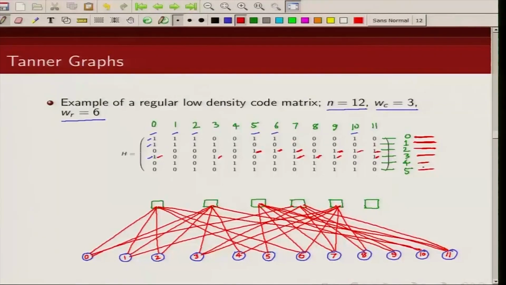And finally, for this parity check constraint, bit number 2, bit number 4, bit number 5, bit number 8, bit number 9, bit number 10. So, this is the Tanner graph representation of this low density parity check code.